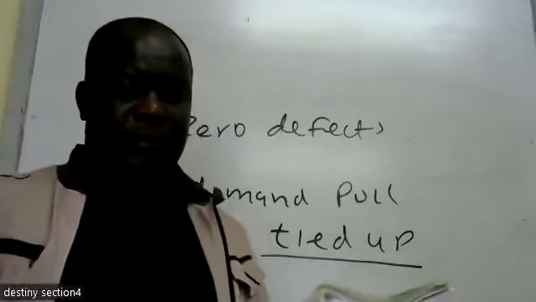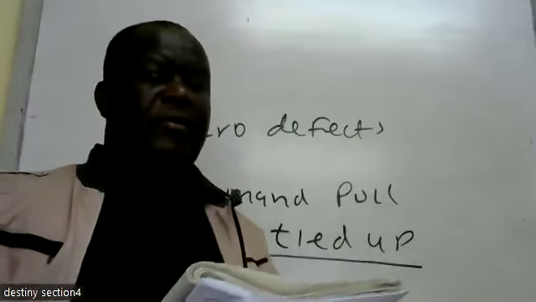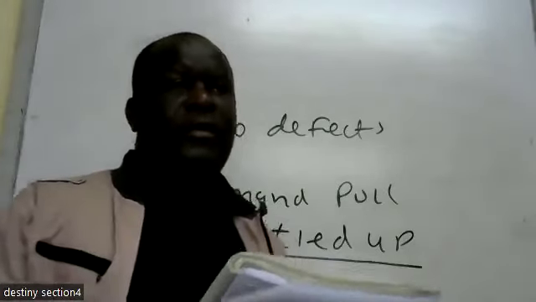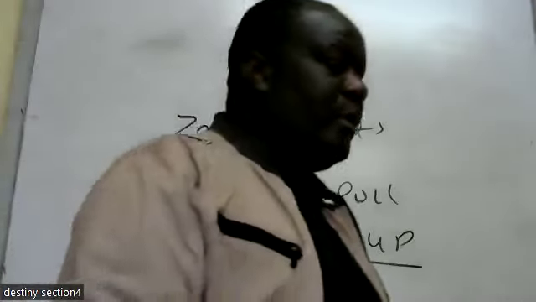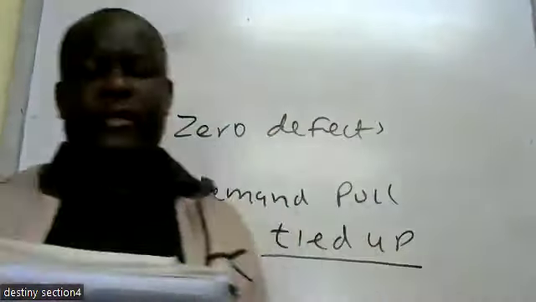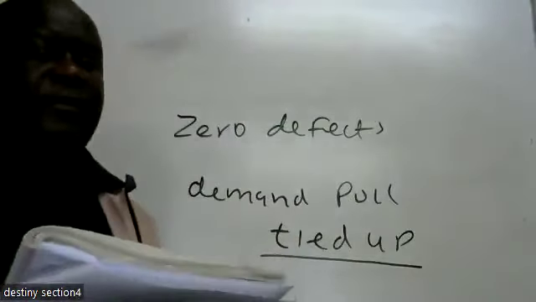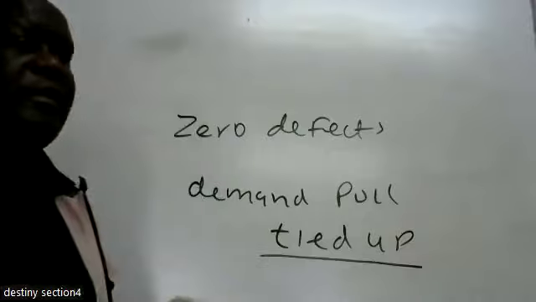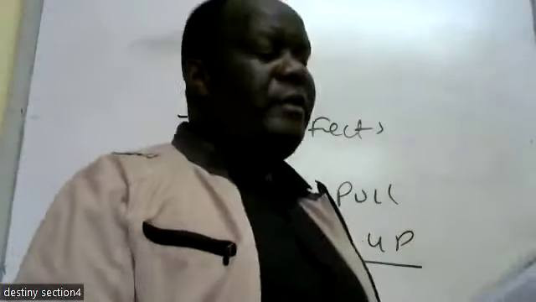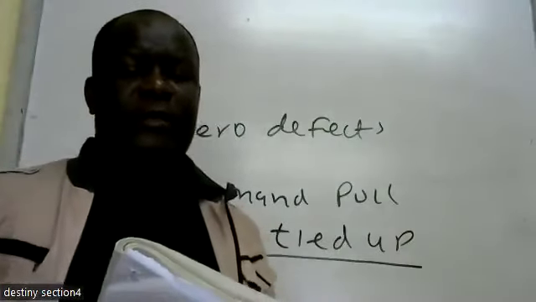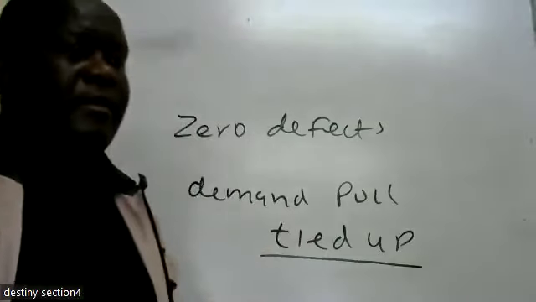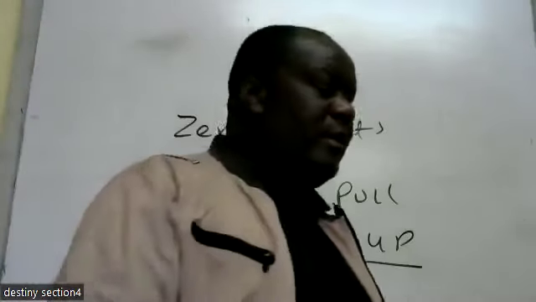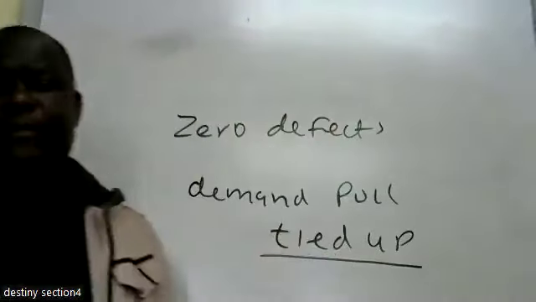Number one is that raw materials will not be ordered when the reorder level is indicated, but when they are actually required for the production.